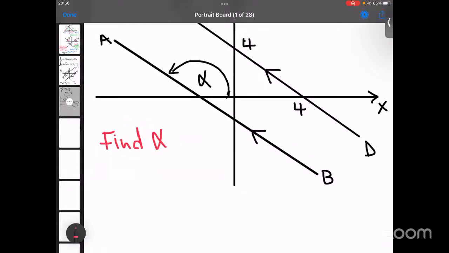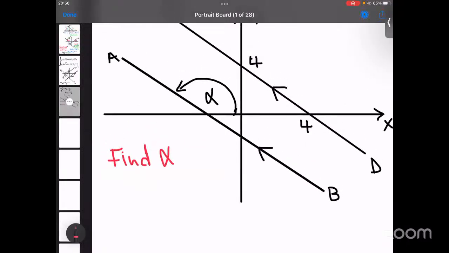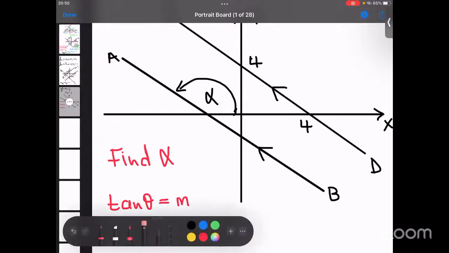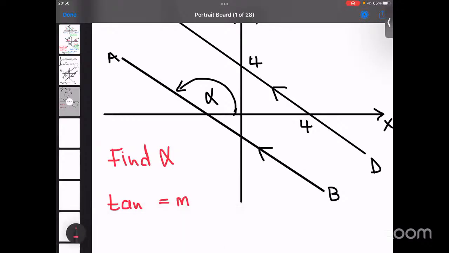This is how one would approach it. The formula says tan of an angle equals the gradient of a line. But in this case, it is not an angle named theta, but it is named angle alpha. It's fine. So the gradient should be the gradient of which line? It should be the gradient of line AB.